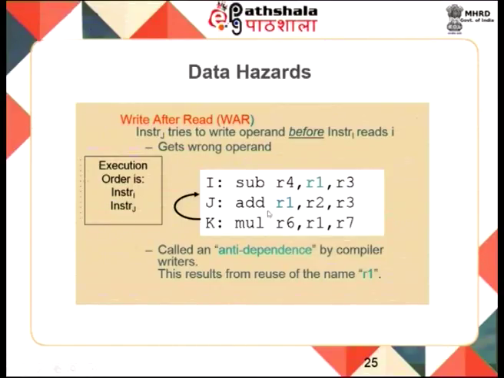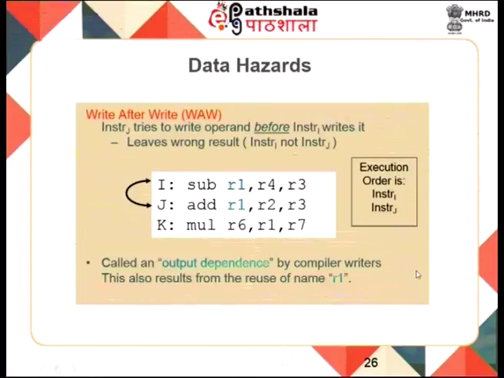So in this case, if the jth instruction is executed earlier and it tries to modify R1 before the first instruction has read its operands, then you have a problem. When I tries to read the data, it has already been modified to different data. That is called an anti-dependence between these two instructions, and if this order is not preserved, it will give rise to what is called a WAR hazard.